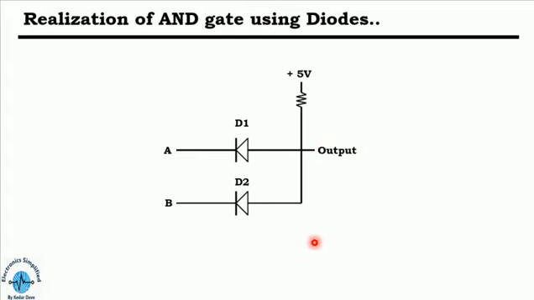Mind one thing: in this realization we are taking the 0 as 0 volt and 1 as plus 5 volt.